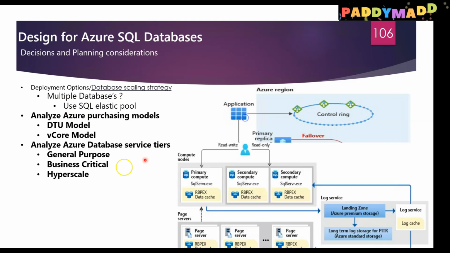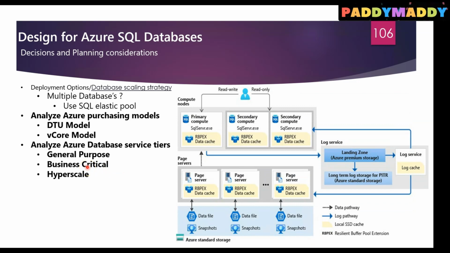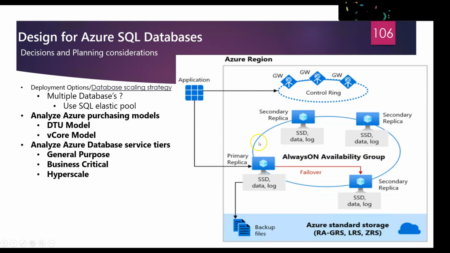Let's have a look at the other tier, which is Business Critical. We also call it the Premium tier. We could see a similar design of the application, but it has premium features.